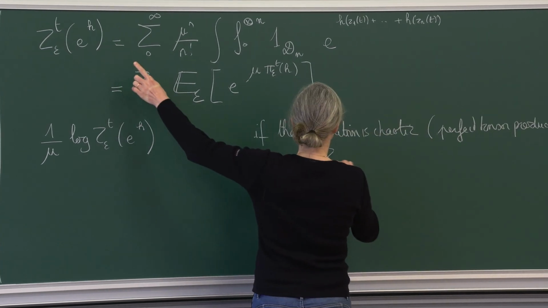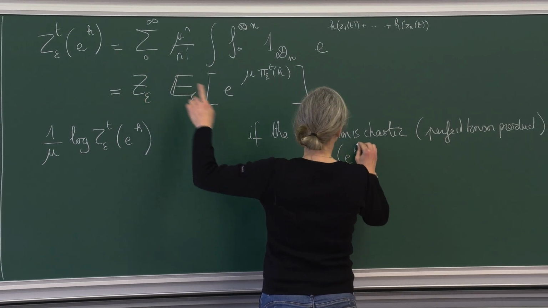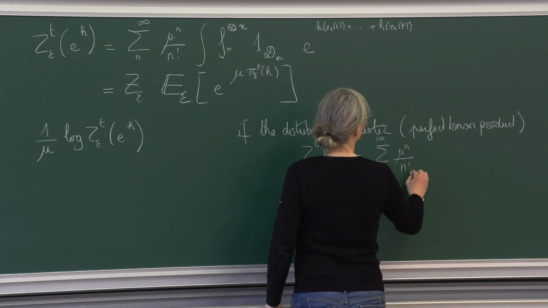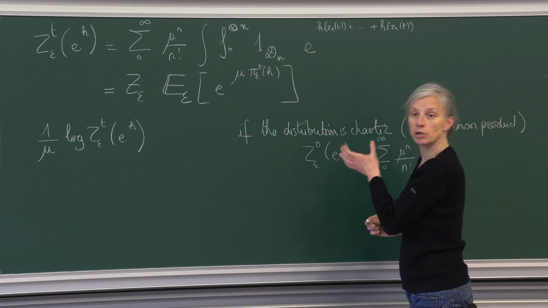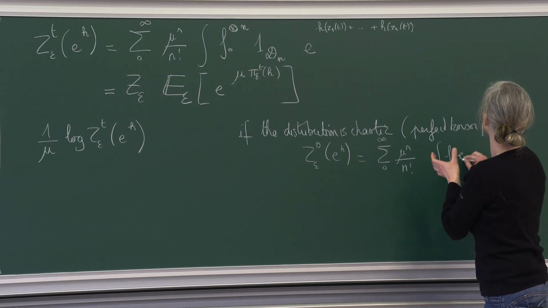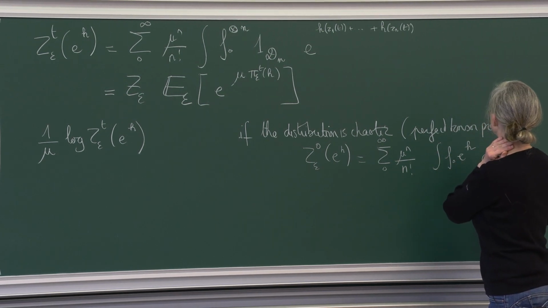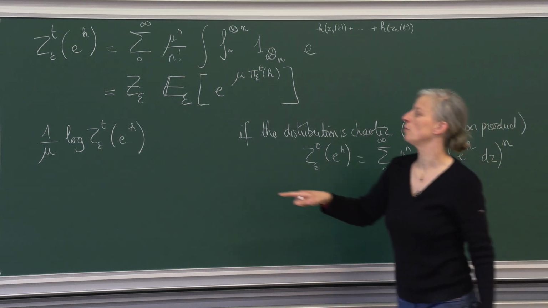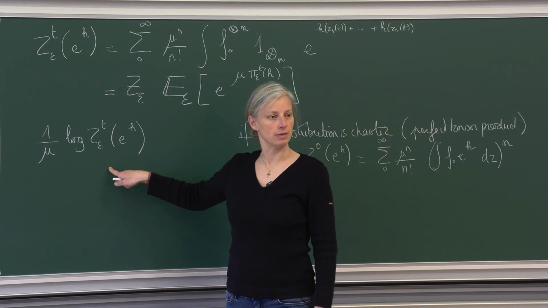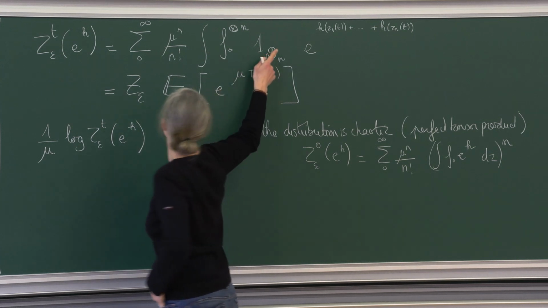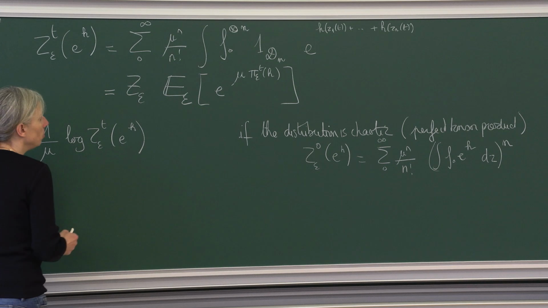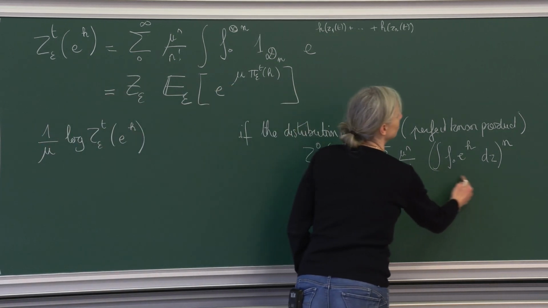you see that the Z epsilon, at least at time 0, of exponential of h is just a sum from 0 to infinity of nu to the n divided by factorial n, and then this is just a product of the integral of f naught exponential of h dz to the n. So this is exactly the series expansion of the logarithm. And so if you look at this formula, in the case where the distribution is chaotic, then essentially you have just one term, which is this one.